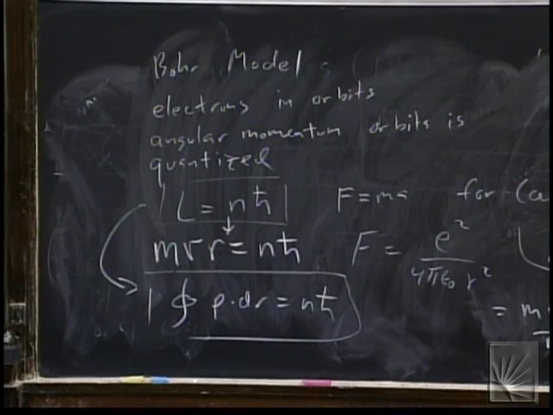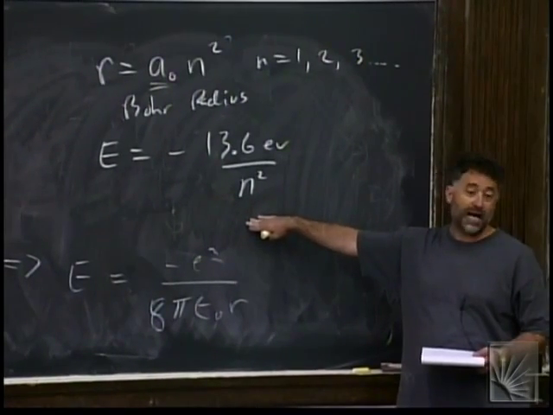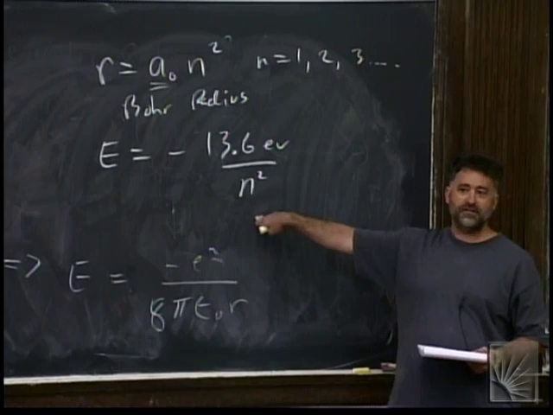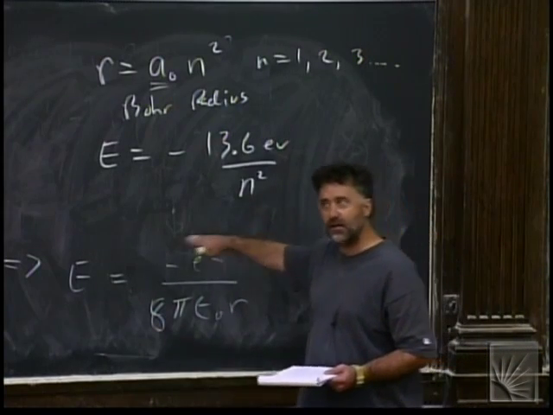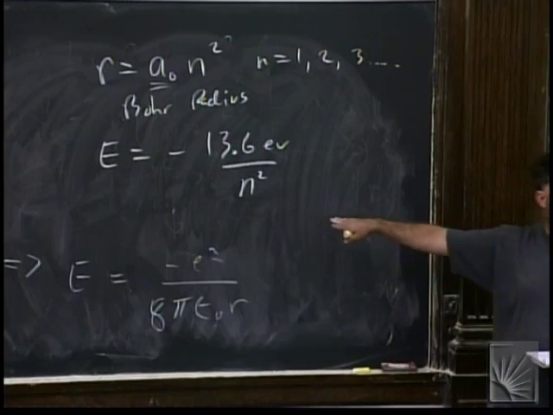And as I said before, these energies are correct. If you don't include relativistic corrections, if you don't have magnetic fields, then these are the actual energy levels of the hydrogen atom. The other thing this does not take into account is that the mass of the proton actually has a small effect on this.